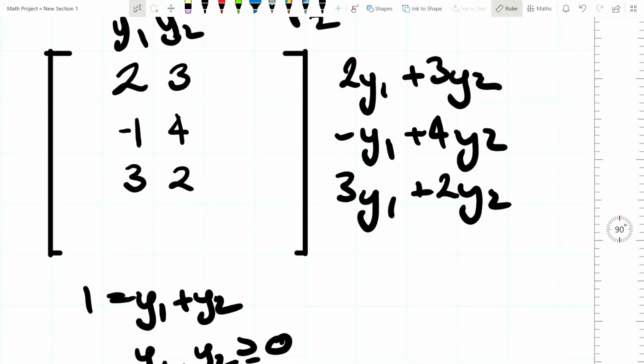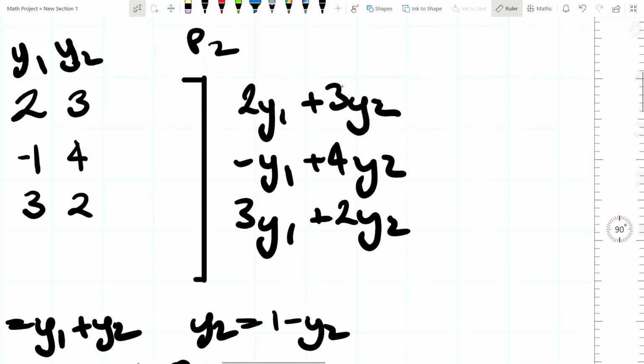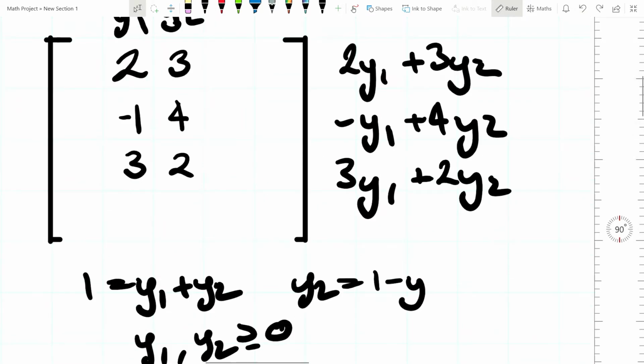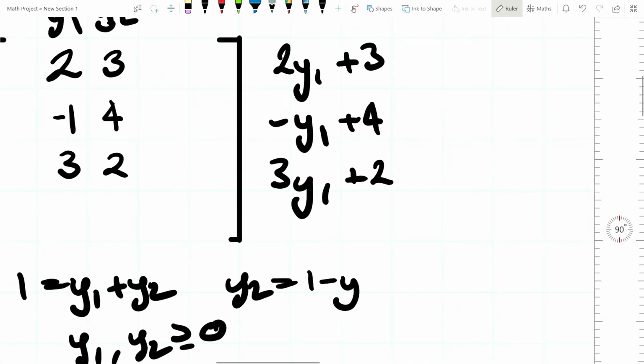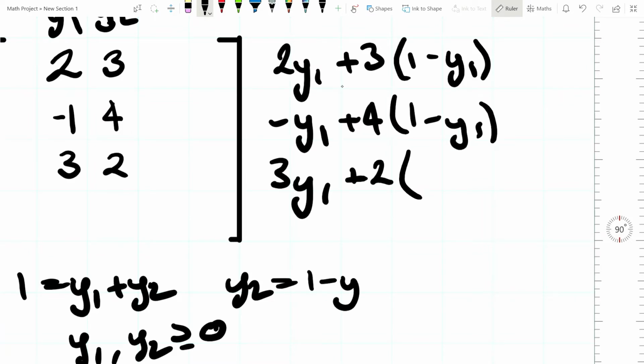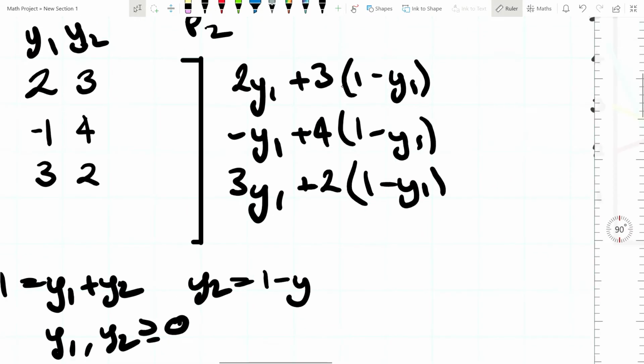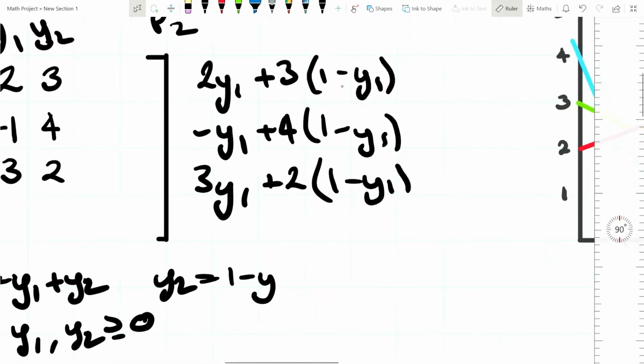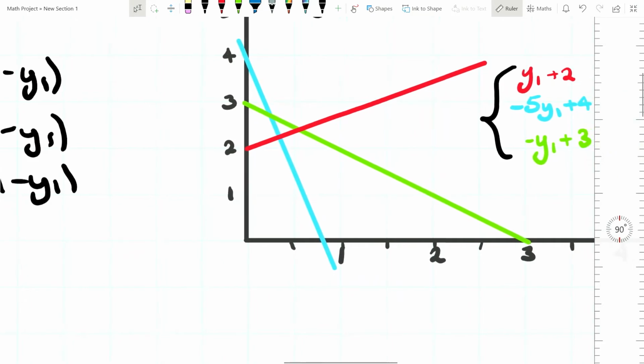From this, we also get y2 equals 1 minus y1, rearranging our first equation. I'm going to substitute that in for our y2 value, and we will get 1 minus y1 in each equation. There we go. So we all know how to solve to get those three equations.